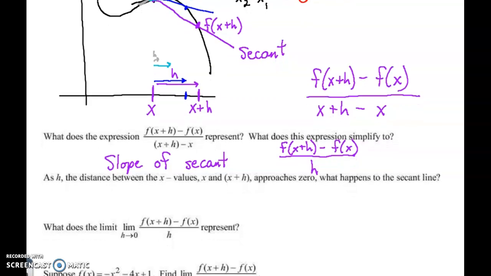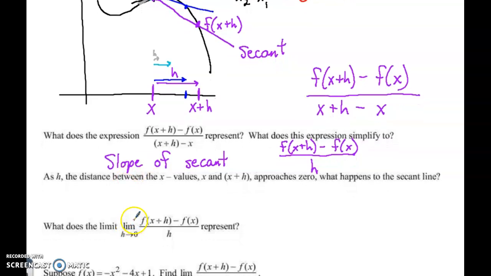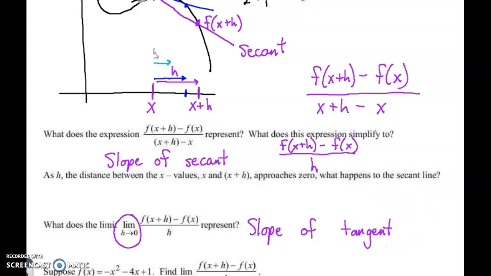In other words, the limit as h approaches 0, the smaller and smaller it gets, then we're going to get closer and closer to the slope of the tangent line. Sorry, I kind of skipped this middle question, but that's essentially what we're doing.